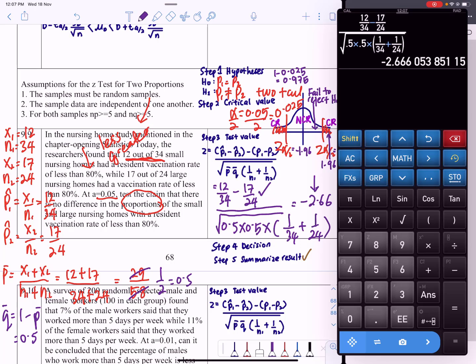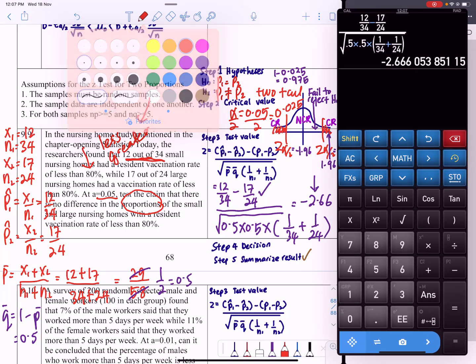For example, if you look at the calculator here, the value is negative 2.660538515. The textbook does not include all those decimal values at the back. They round it off. That's why their value is much larger compared to what I get using the calculator.